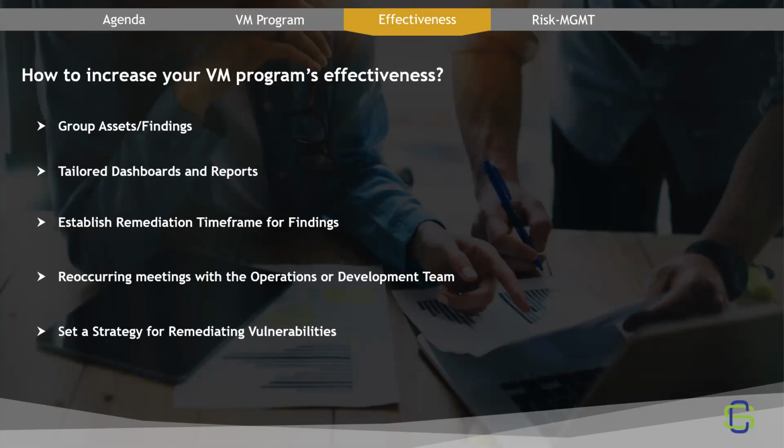You really need to group and formulate those findings by your assets. In my opinion, if you have your groups segmented by, say, server administrators, Windows administrators, Linux administrators, or endpoint administrators, whatever that looks like, group those vulnerabilities based on those associated team members.